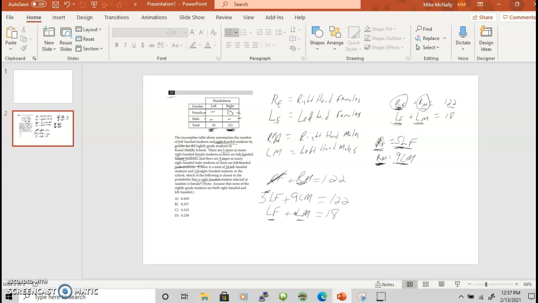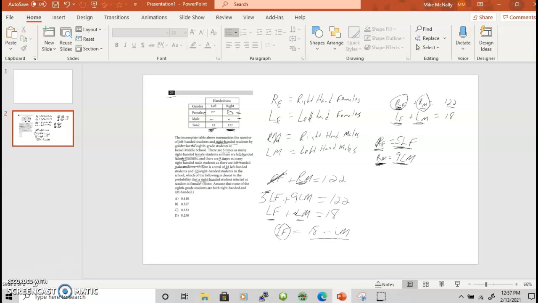Okay, now we're going to say we need to use substitution or elimination to get rid of one of these. So let's say that LF equals 18 minus LM by subtracting LM from both sides. Now we have LF all by itself, and we know that LF equals 18 minus LM.